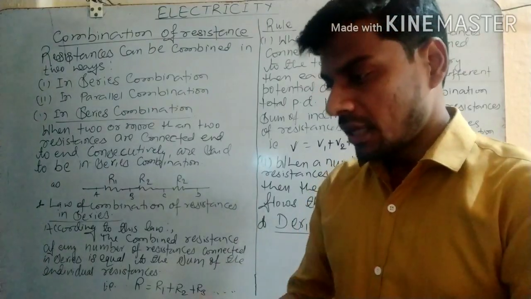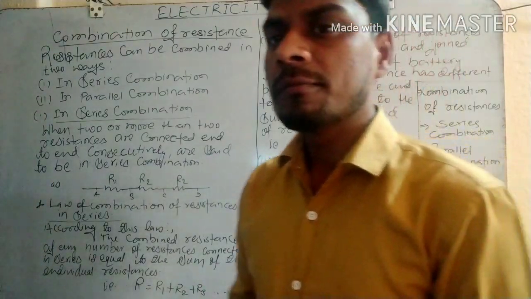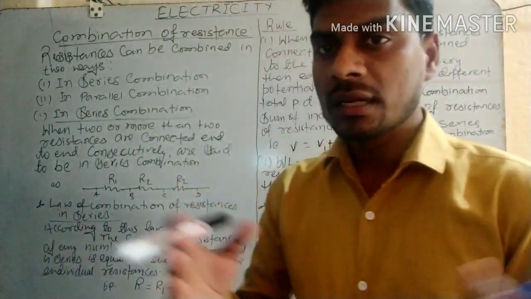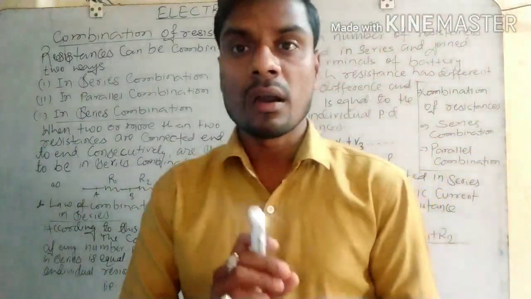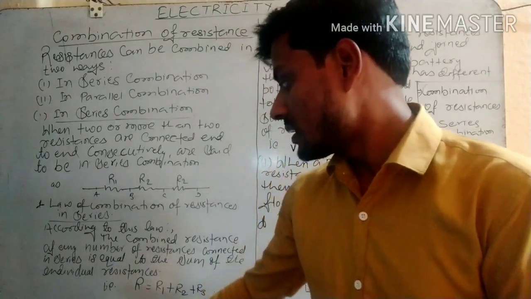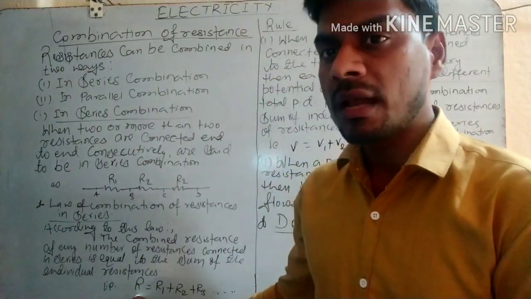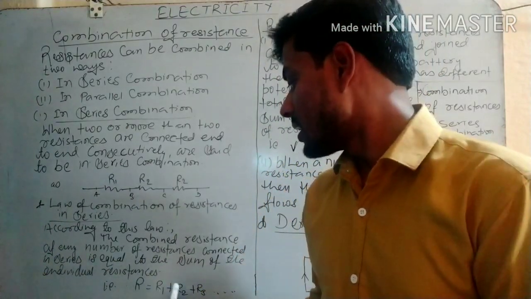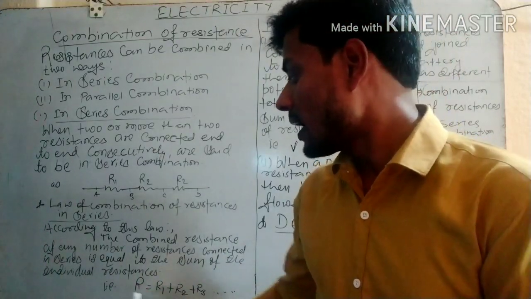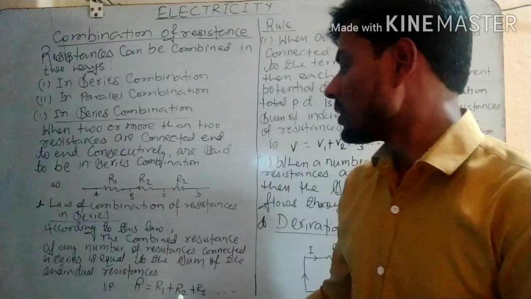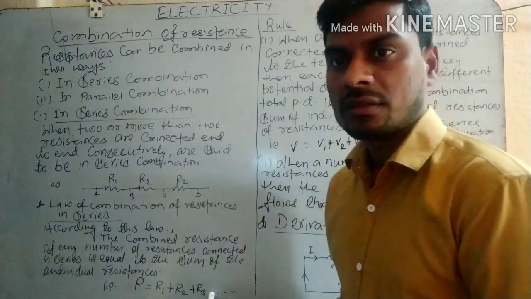That means if we take the example of R1, R2 and R3 as the resistances, and the resultant value is the combined resistance R, and R1, R2 and R3 are the individual resistances, then the value of R will be equal to R1 plus R2 plus R3.